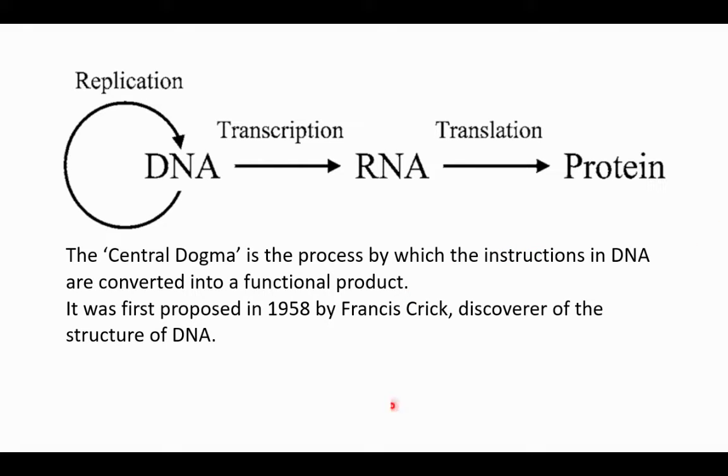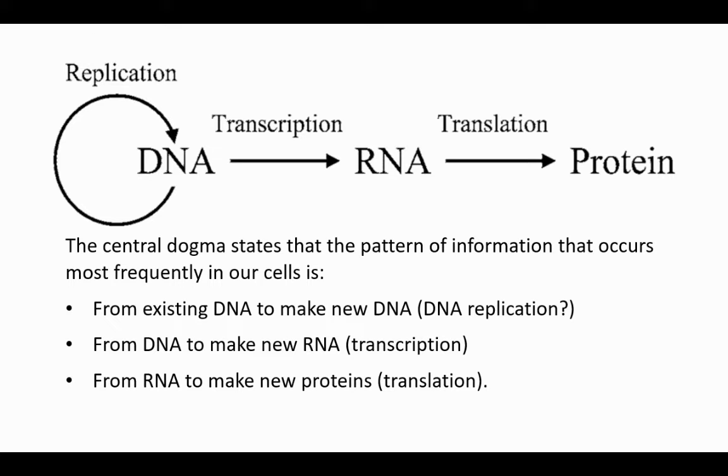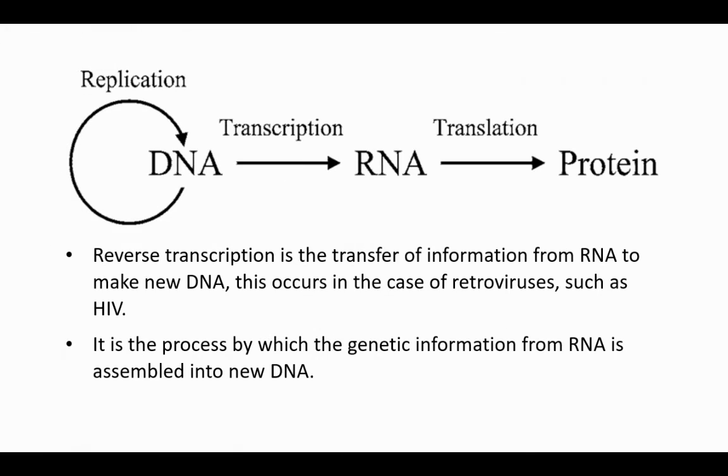And this is actually proposed by Francis Crick when he discovered the structure of DNA. Okay, so it's actually three parts. DNA to create another DNA is called replication, DNA to RNA is transcription, RNA to protein is translation. Now, at the same time, we can also do a reverse transcription.